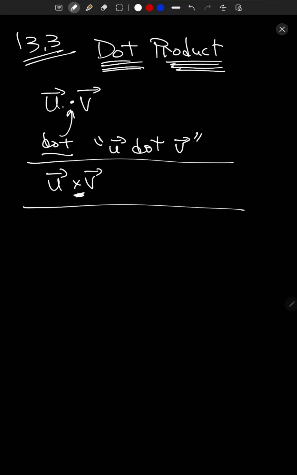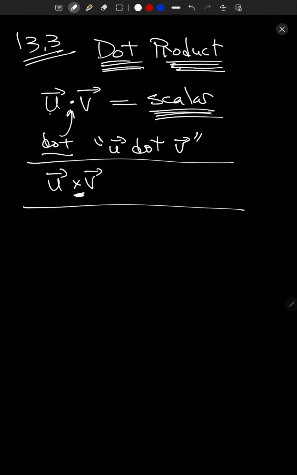Okay, so the dot product, the notation is u dot v. By the way, this could be a vector in the plane, could be a vector in space, any kind of vector. So I don't have to specify whether we're in the plane or in space yet. The important feature, first of all, is that this is a scalar. It's not a vector. That's what I mean by this kind of multiplication being somewhat weird or maybe unsatisfactory, because normally if you have 3 times 5, 3 is a number, 5 is a number, and 3 times 5 is also a number.